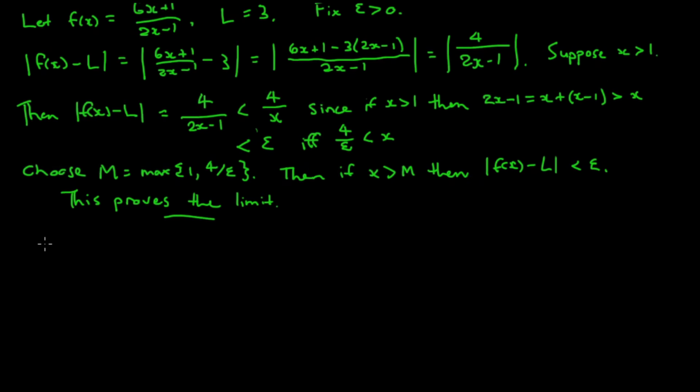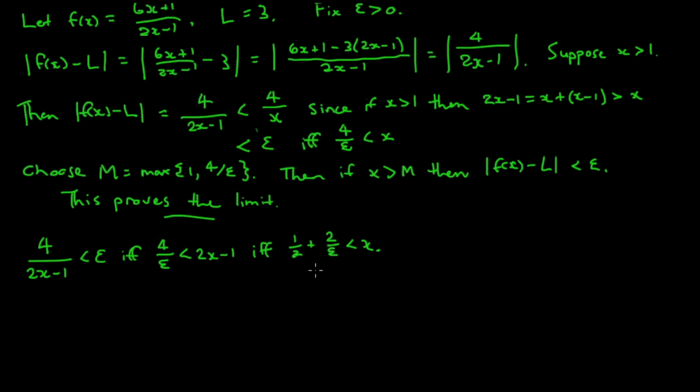You could also do it this way, which is to say that 4 over 2x minus 1 is less than epsilon if and only if 4 over epsilon is less than 2x minus 1, which is true if and only if, we'll add 1 to both sides here and then divide both sides by 2, and we get a half plus 2 over epsilon is less than x.